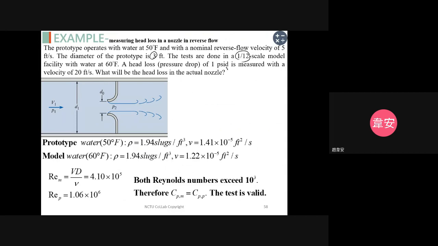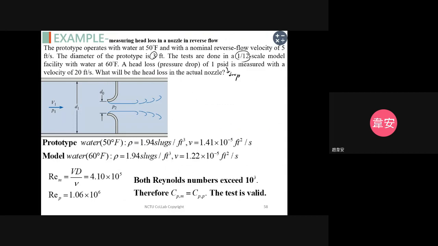The D here indicates the drop, usually related to the head loss for our systems, measured with a velocity of 20 ft per second. So what will be the head loss in the prototype, the actual nozzles?